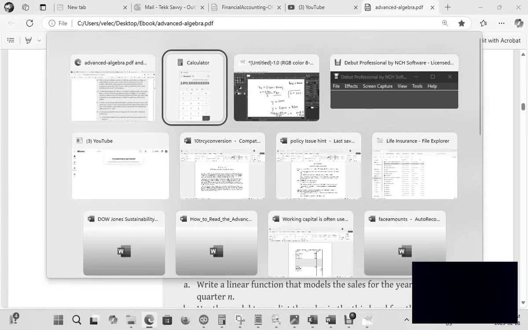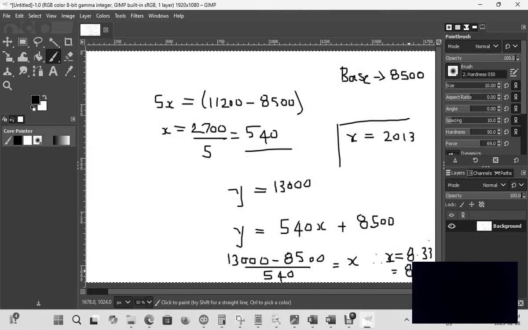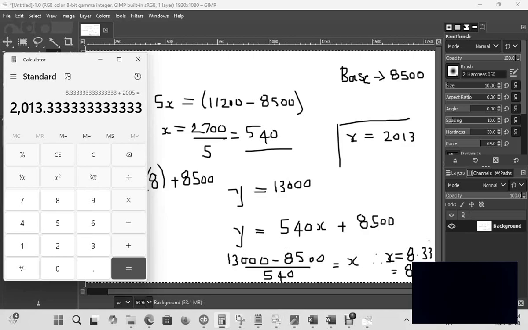Now you can sub in this value over here, 8 years for x, to figure out y, to verify the solution. So we know that y equals 540 into 8 years plus 8,500. You could even type in 8.33 to be exact, but we'll need to round it off later anyways.